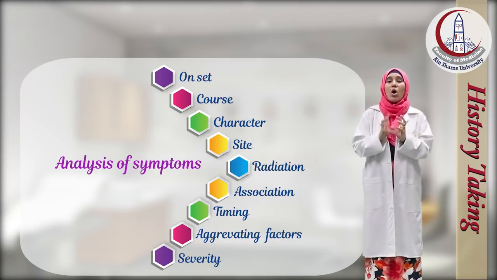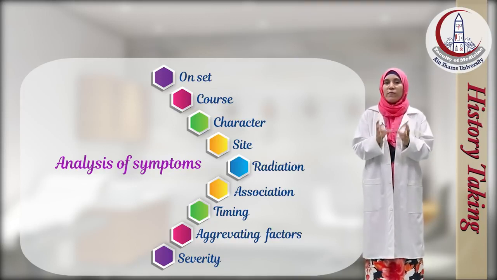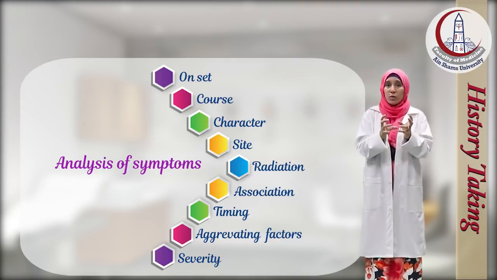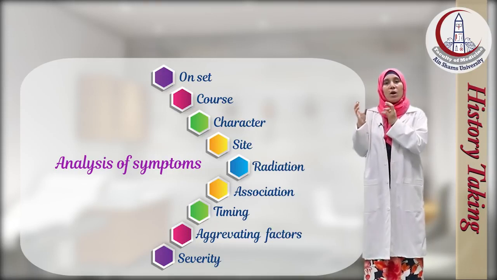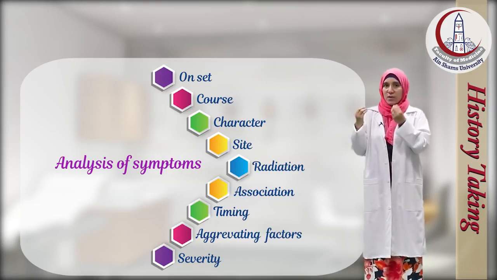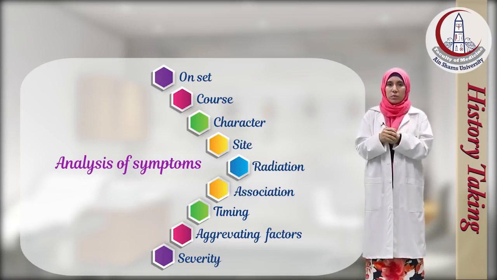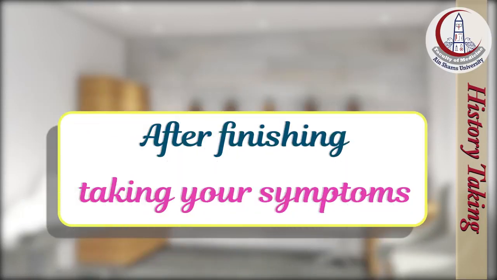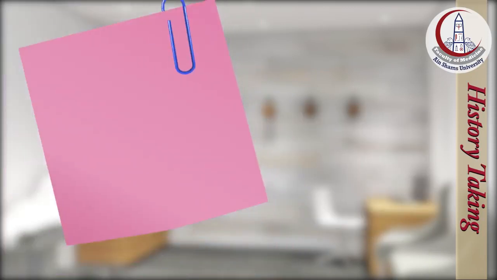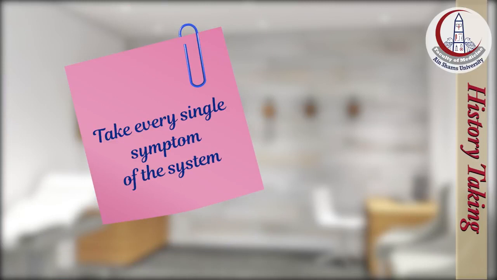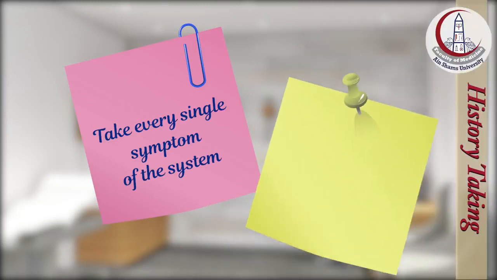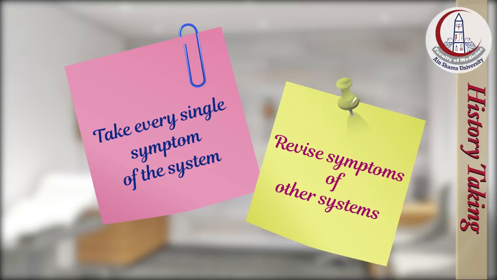When you collect all this information about the symptom, you're going to know if this patient is in an acute case or if this symptom is something chronic, and you can still get more information from other symptoms. After you finish analyzing this symptom, check that you covered all the symptoms of this system. Then make sure you covered all the symptoms of other systems, and see if there's any positive data to be added to your history.